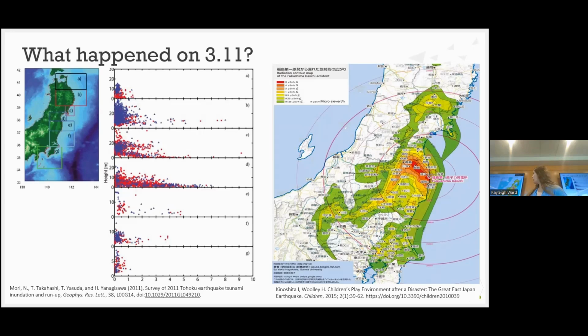So the image on your left is essentially the blue dots, which are the tsunami height at landfall, that run-up height, and we're at an average of about 20 meters. 10 meters is 30 feet. So that gives you an idea of how high this was at landfall. And then the red circles are what it was inland after it made landfall.